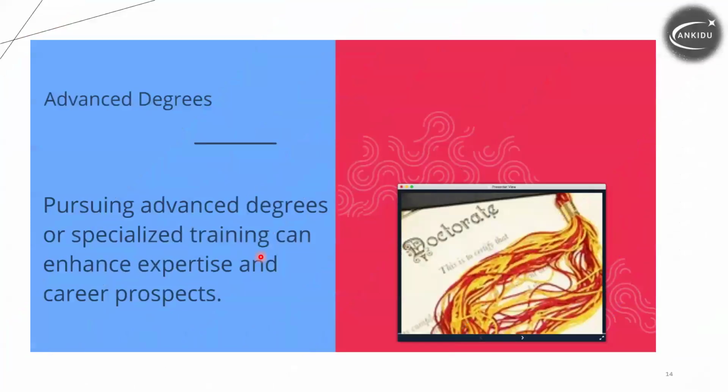Okay, advanced degrees. Maybe you just graduated, but are you now thinking about a doctorate degree? So going up for specialized training and degrees in certain topics inside the industry. So you need to enhance your expertise and career prospects.